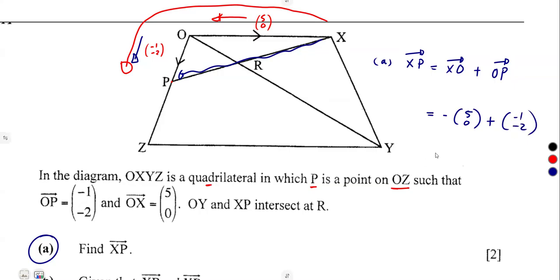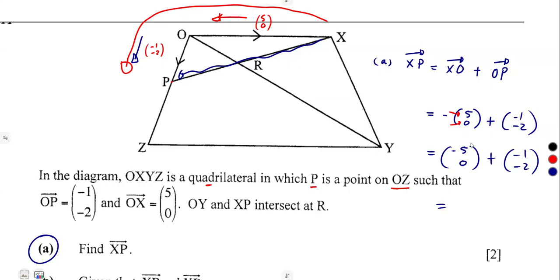-1, -2. So let's evaluate this and see what you're going to have. Simply expand by the negative, multiply everything. That's a scalar, so it multiplies everything. Negative times 5, that's -5. Negative multiplies a 0, simply remains as a 0. Then -1, -2, then combine.